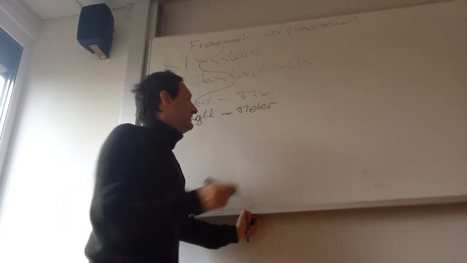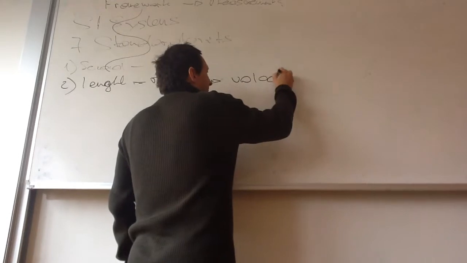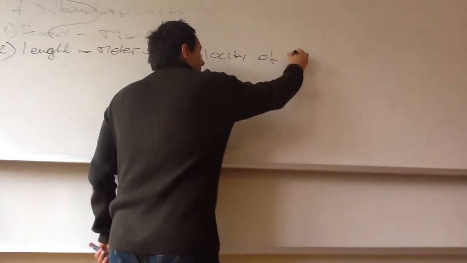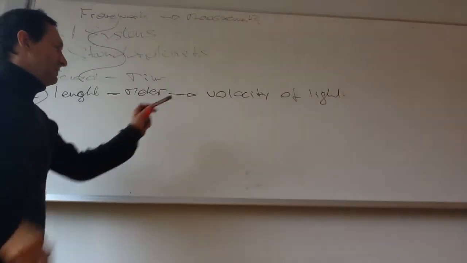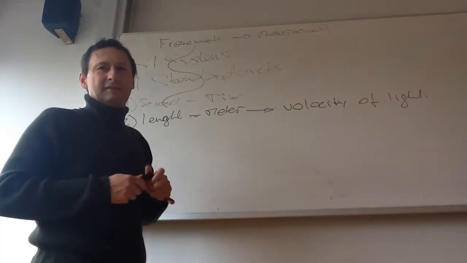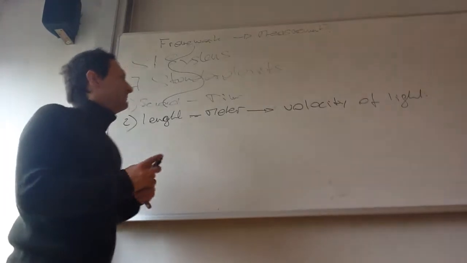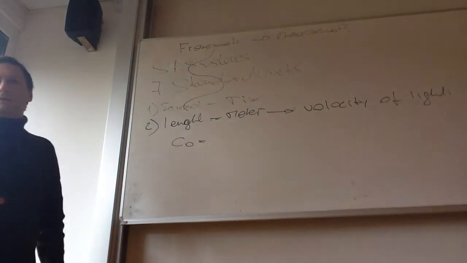But nowadays it's defined via the velocity of light, because Einstein defined the velocity of light as a constant number. How fast is the light in vacuum? Yeah.